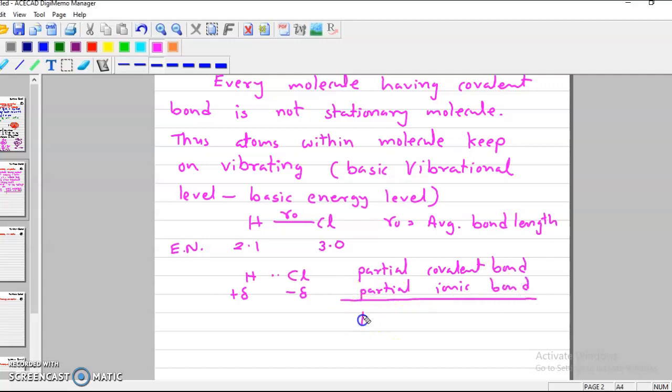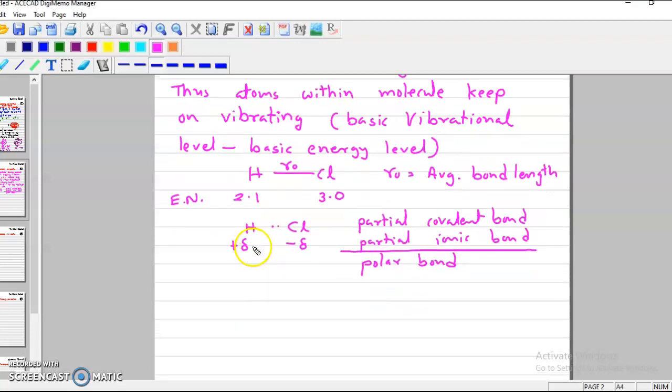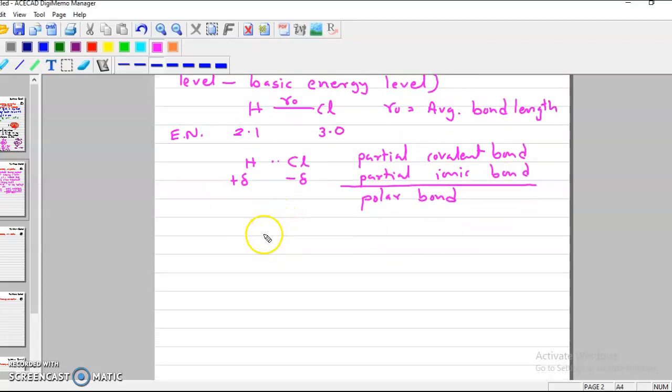Such bond is known as polar bond. It is not completely covalent, not completely ionic. It is known as polar bond, and therefore each polar bond has definite dipole moment mu. Mu is equal to e into R0, where e is a charge and R0 is the average bond length, and the unit is Debye. Okay, it is always for polar molecule, and remember mu cannot be 0 for polar molecule.